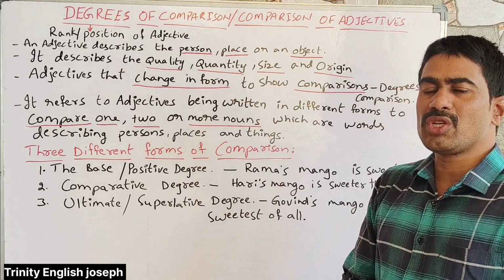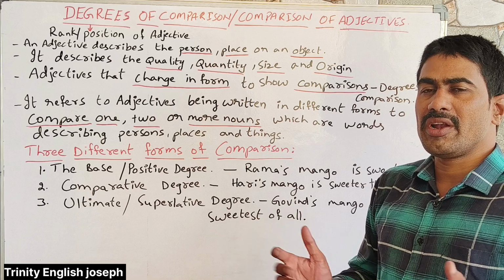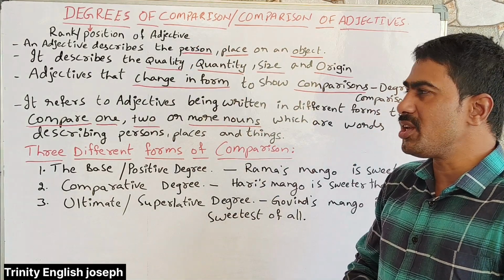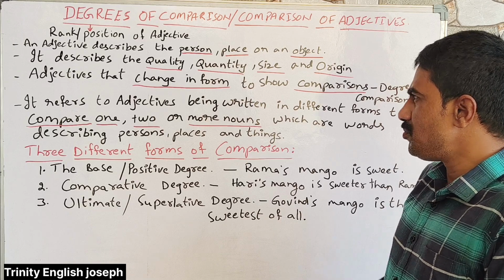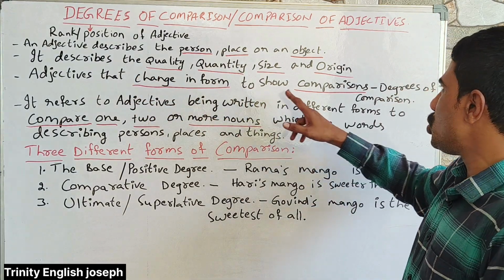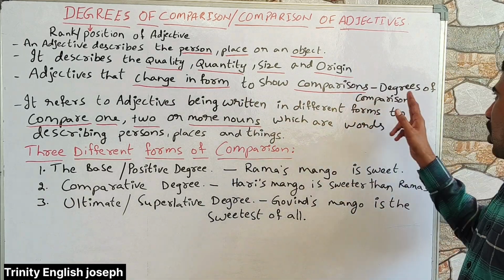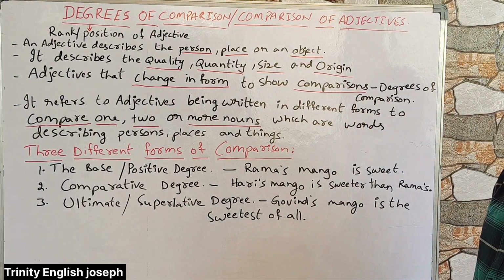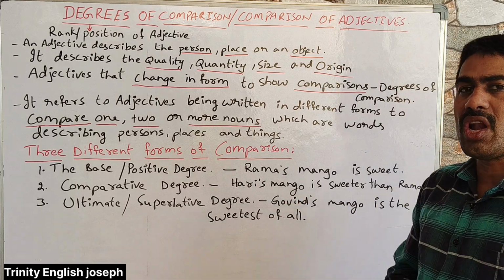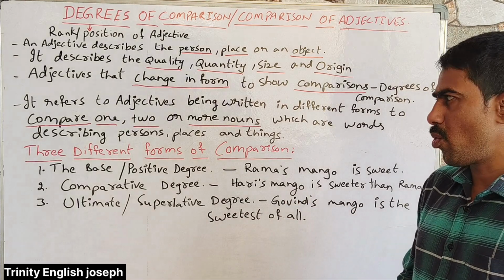Totally we have around 12 kinds of adjectives, and among these only three have degrees of comparison. Adjectives that change in form to show comparison are called degrees of comparison. Generally the adjectives change their form to qualify or talk about the noun.